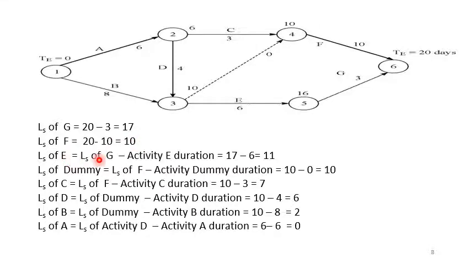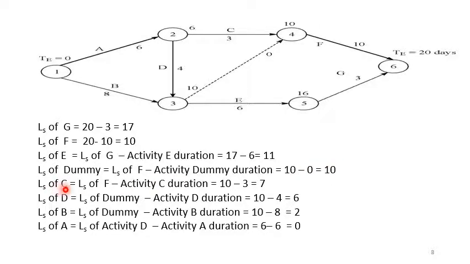Latest start of E will be the latest start of G minus activity E duration. So for E, it will be 17 minus 6, it will be 11. Similarly, the latest start of dummy will be the latest start of F minus activity dummy duration, that is 10 minus 0, it is equal to 10.